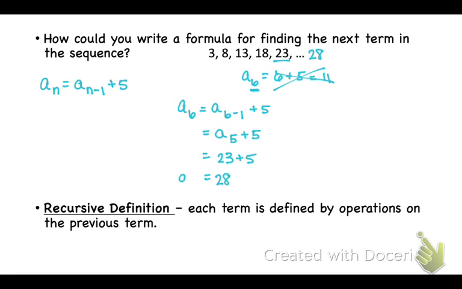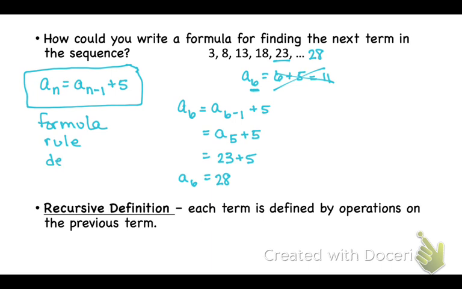Did that work? Okay. So this would be the formula. We call it a formula, we call it a rule, and a definition. We can call it any of those things.